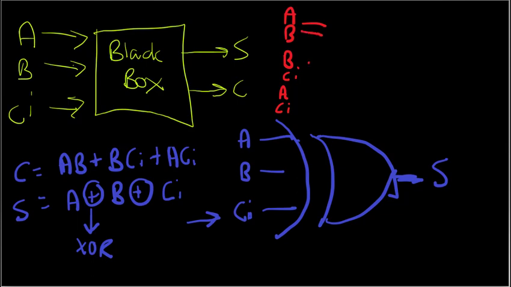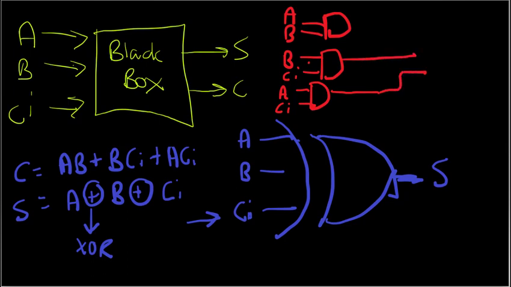A and B are connected by an AND, B and CI are connected by an AND, and A and CI are connected by an AND. And it goes into a 3 input OR.